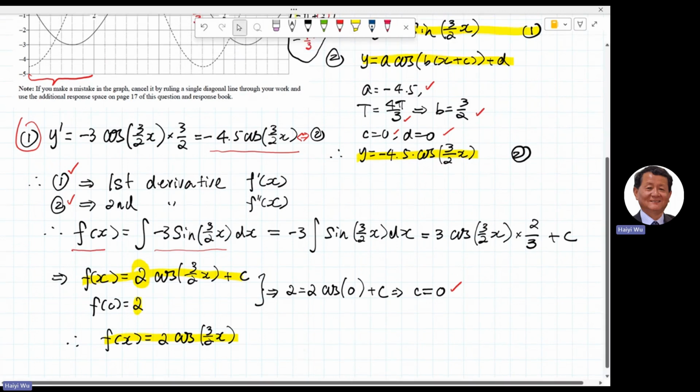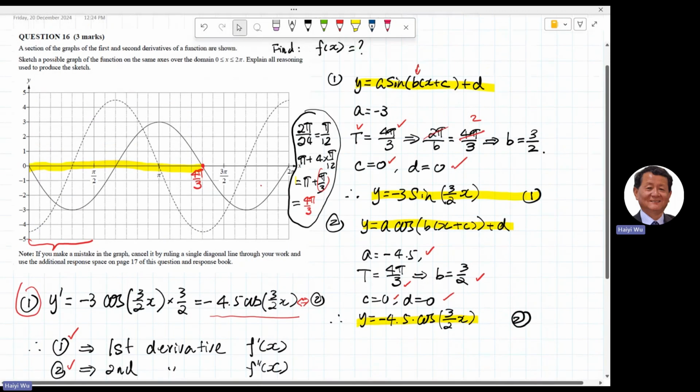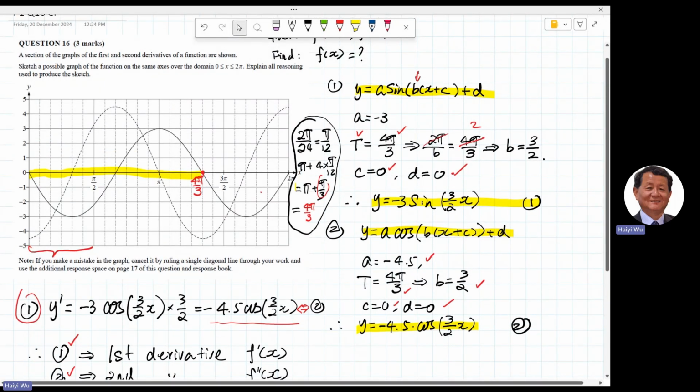Now the question says we need to sketch the graph of the original function. I'm going to mark some key points on the same graph first: 2, next one is 0, next is -2, 0 again, +2, 0, then back to -2.